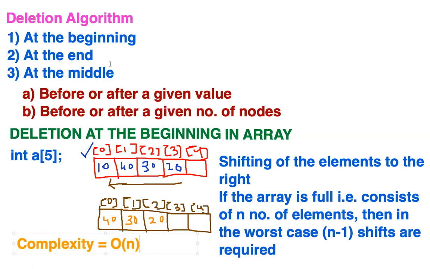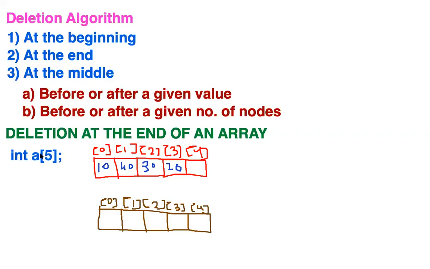Now let us see the next one, that is at the end. What happens if we want to delete an element at the end of the array? Let us see the same example which we used in the last case. We want to delete at the end, that means we want to delete this particular element 20.